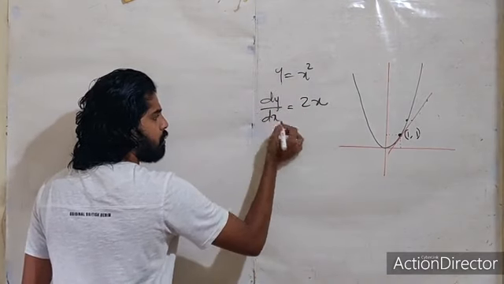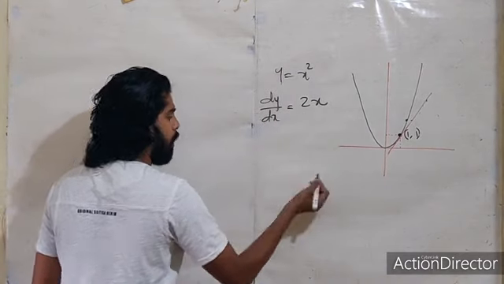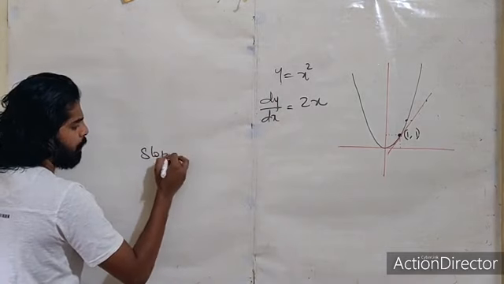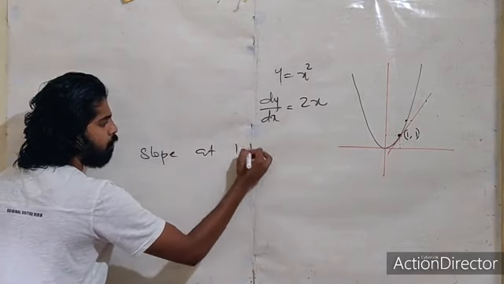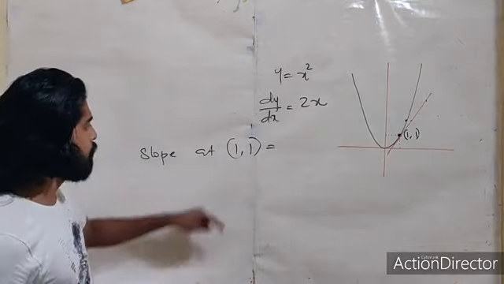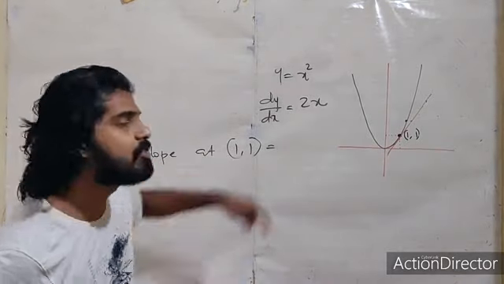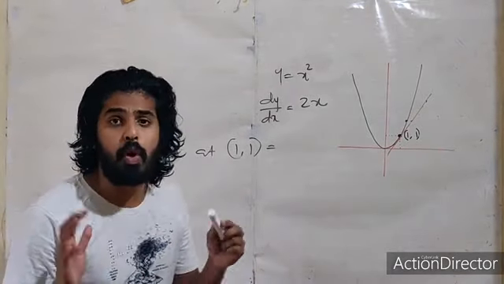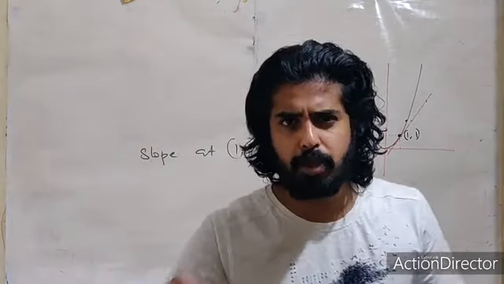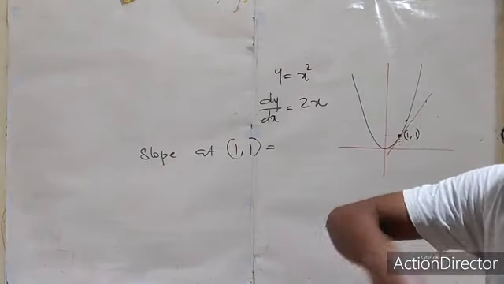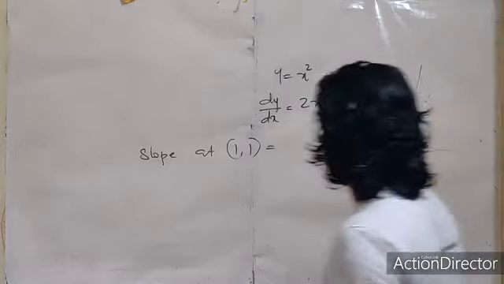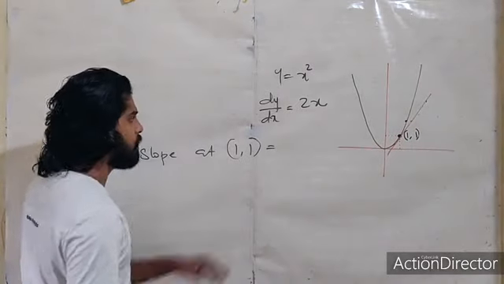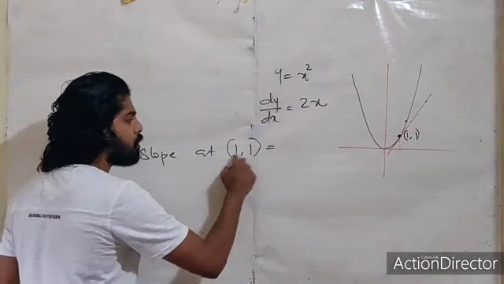To get the slope of the tangent, we need to substitute the point in place of dy by dx of the curve, which is 2x.